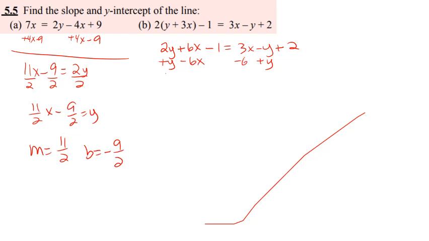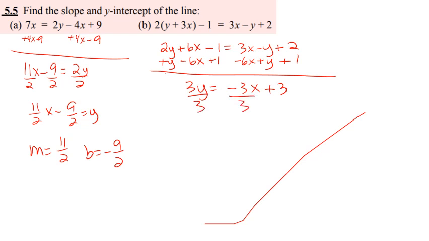So subtract 6x, add 1, and then this will be 3y equals negative 3x plus 3. Divide by 3 separately, and then y equals negative x plus 1. So then the slope is going to be negative 1, and the y-intercept is going to be 1.